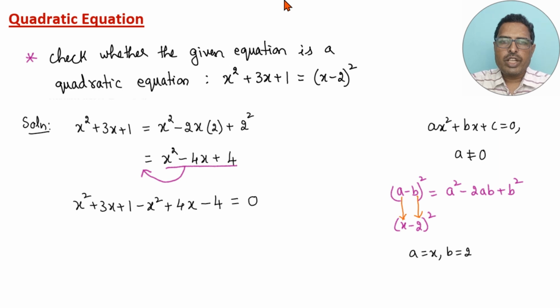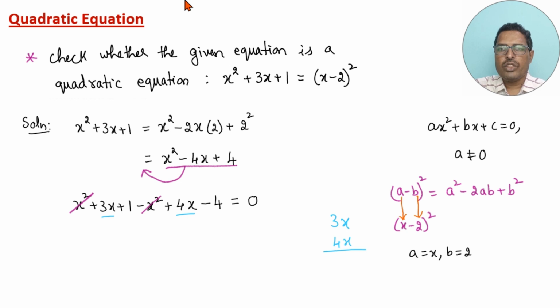Now let us try to group the like terms. If you observe over here, you have this plus x square and here minus x square. So this plus x square and minus x square will cancel out, and we group this 3x and 4x. So we have 3x plus 4x. If you add, 3 plus 4 is 7, so we get 7x.